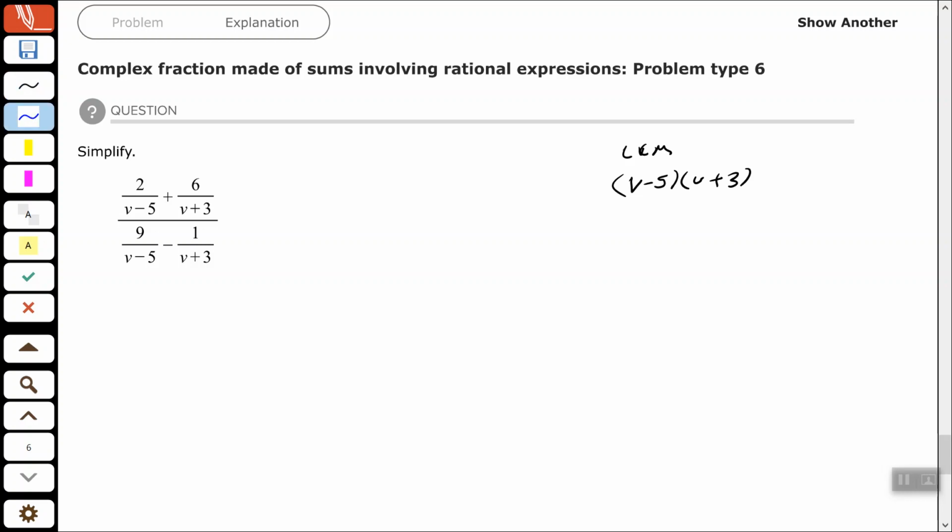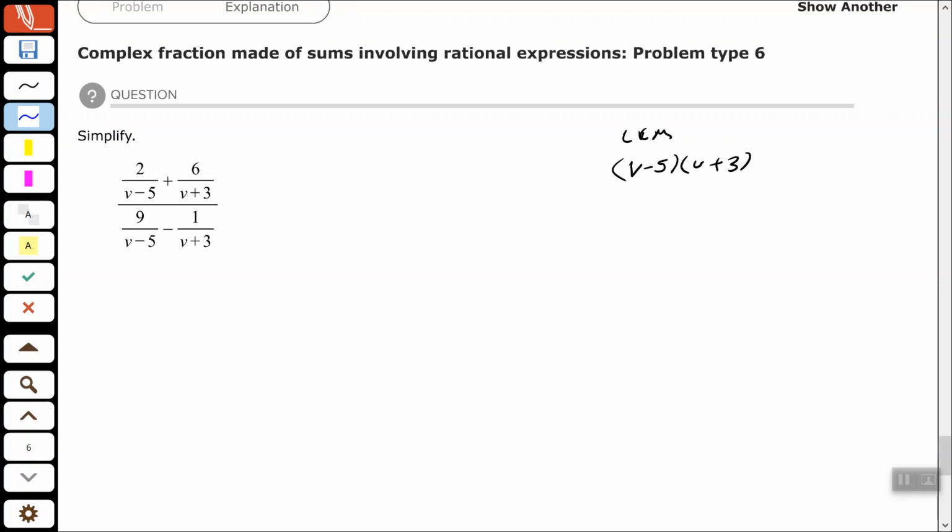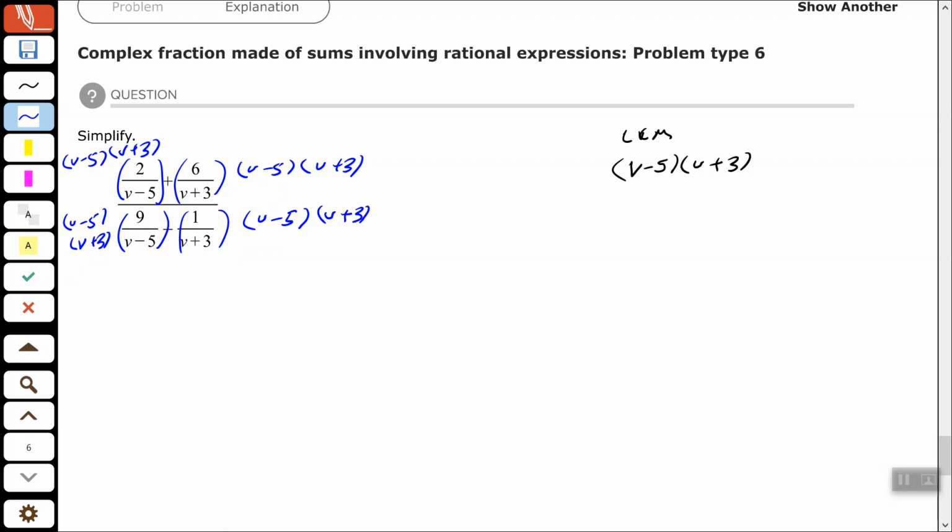All right, so knowing that, I'm going to multiply each one of those fractions by v minus 5 times v plus 3. Okay.